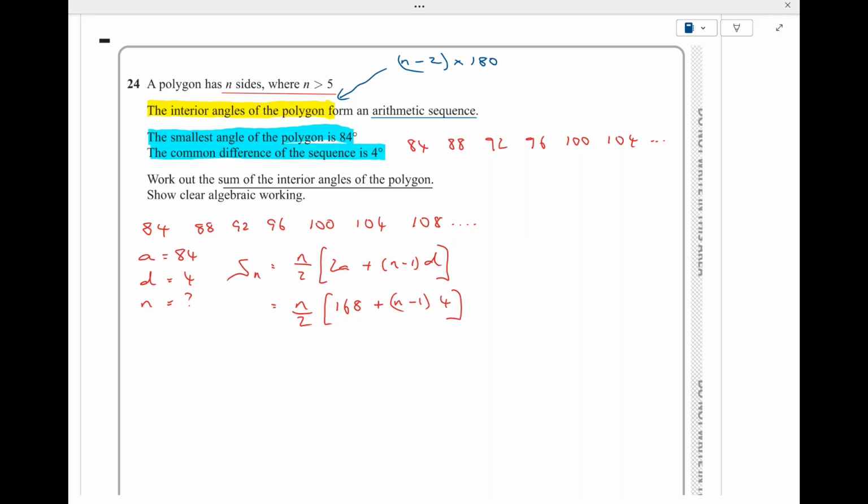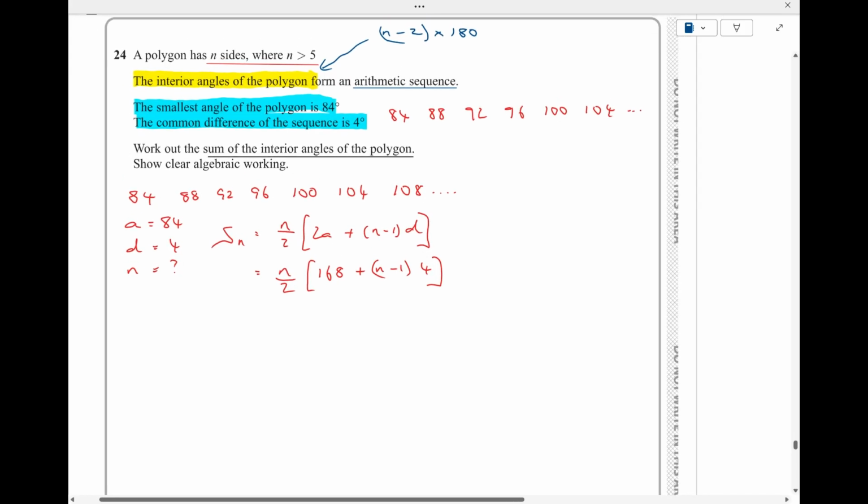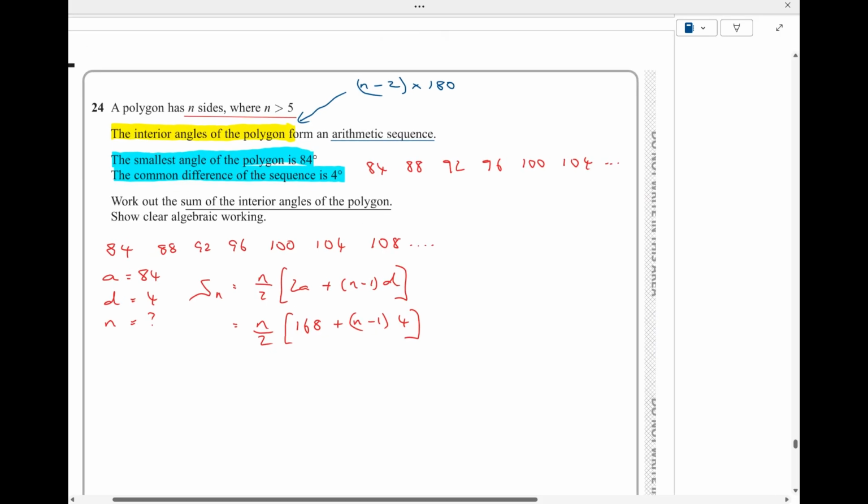Okay, so I've got an expression there for the total of my arithmetic sequence, or for the total of all the angles of the polygon. Okay. Now, in fact, I have another expression on the screen for the total, the sum of all the angles in the polygon, and it's here.